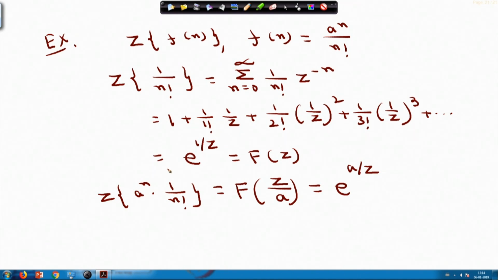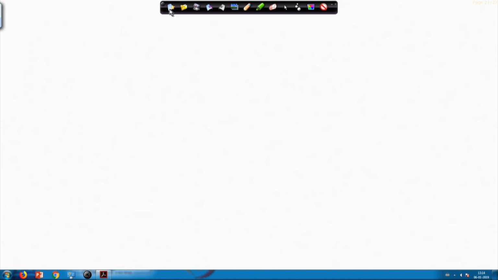So, you see, first I am finding the z transform of 1 by factorial n, using the property that the z transform of 1 by factorial n is e power 1 by z. Then using the scaling property, we find the z transform of a to the power n into 1 by factorial n. So, I hope it is clear.